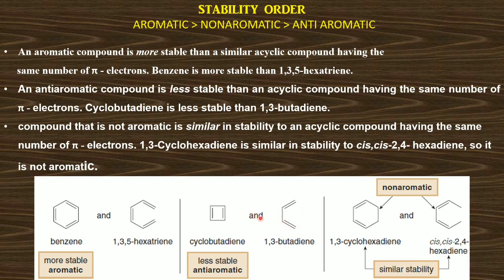And this cyclobutadiene anti-aromatic system is found to be less stable than 1,3-butadiene. And in the case of a non-aromatic cyclic molecule and its open chain counterpart, they have almost similar stability.